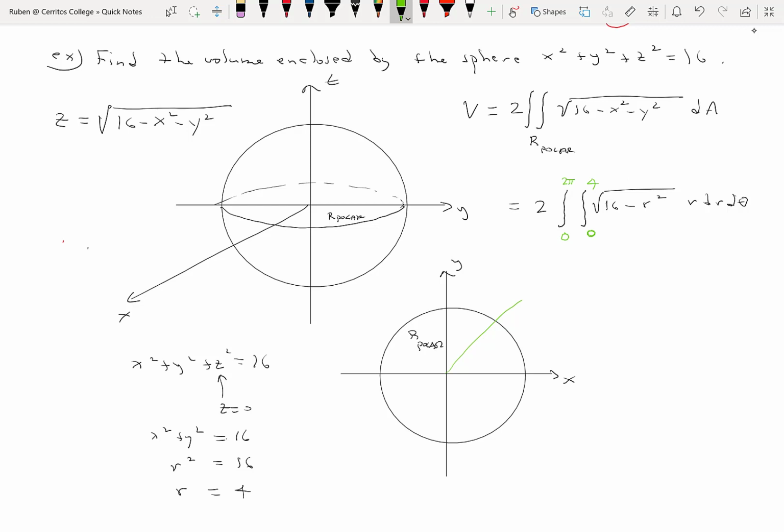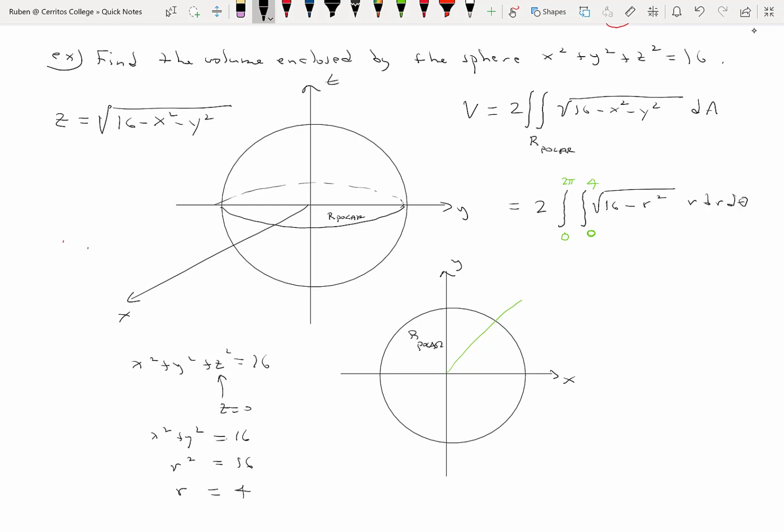Now that iterated integral is not very difficult, so I'm not going to take video time to evaluate it. You would evaluate first the inner integral with a simple u substitution, u equals 16 minus r squared, and then du is negative 2r dr, etc. Very, very simple Calc 1 integral.